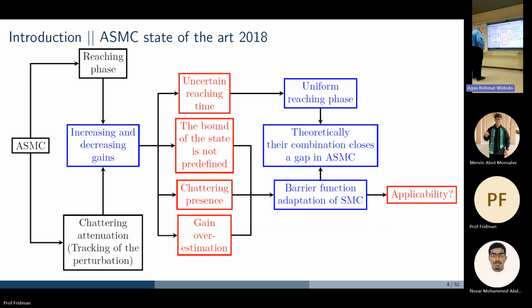That is why I was searching for a uniform reaching phase, for absence of chattering, and to close this gap in the gain of the adaptive sliding mode control.